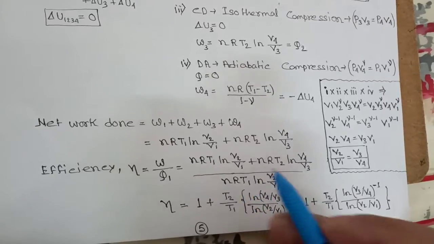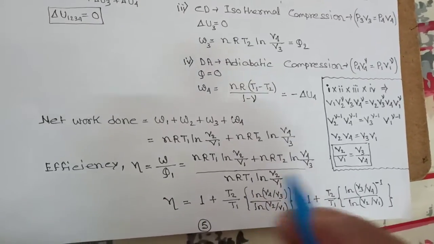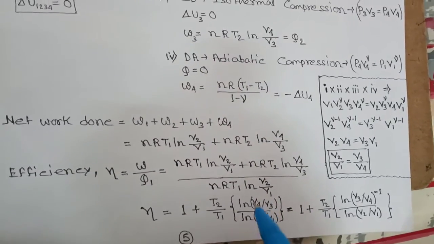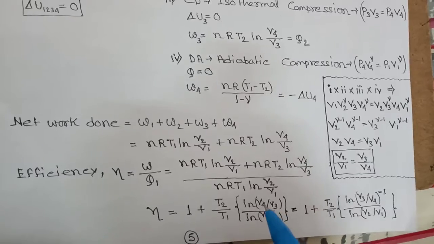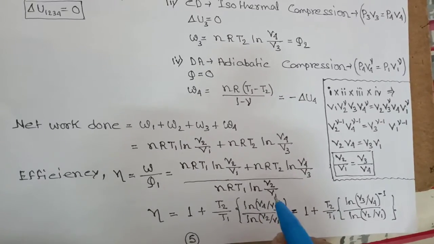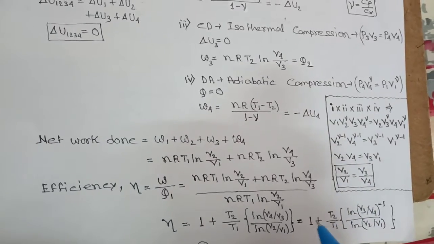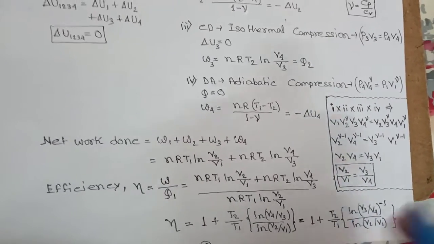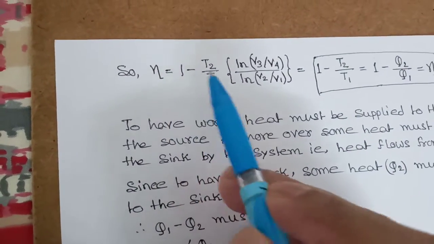And if you divide the first term by nR T1 ln V2 by V1, there will be 1. Again, in place of ln V4 by V3 we can write ln V3 by V4 to the power inverse. So this minus can come here, so we can write it equal to 1 minus this one.